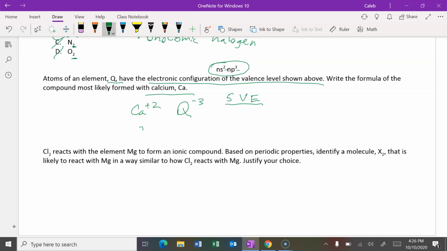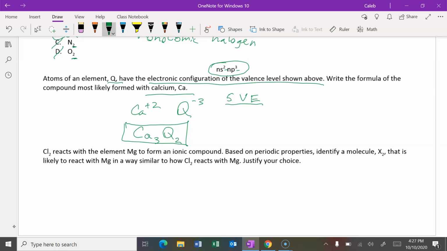I could say, okay, I'm going to have Ca3, because 3 times 2 gives me a +6 charge. Q2, because 2 times a -3 charge would give me a -6 charge, so it would be canceled out. Ca3Q2 is the answer for this.